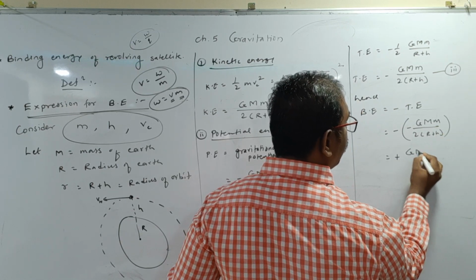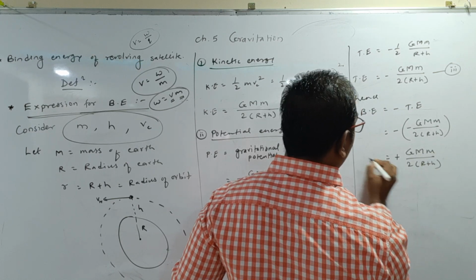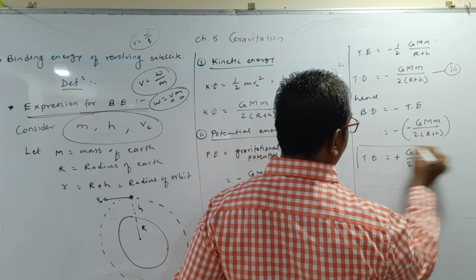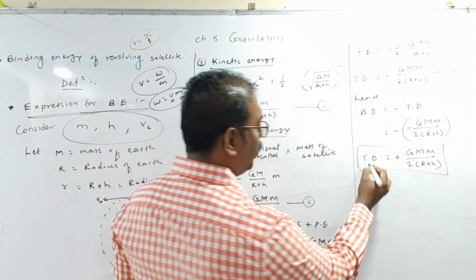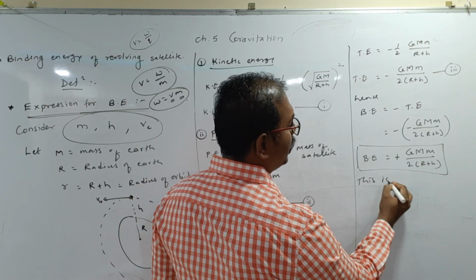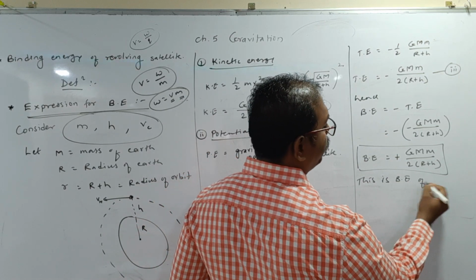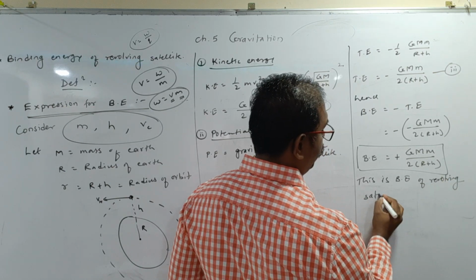So plus GMm divided by 2(R plus H), and this is the expression for total energy. Sorry, binding energy. So this is the expression for binding energy of revolving satellite.